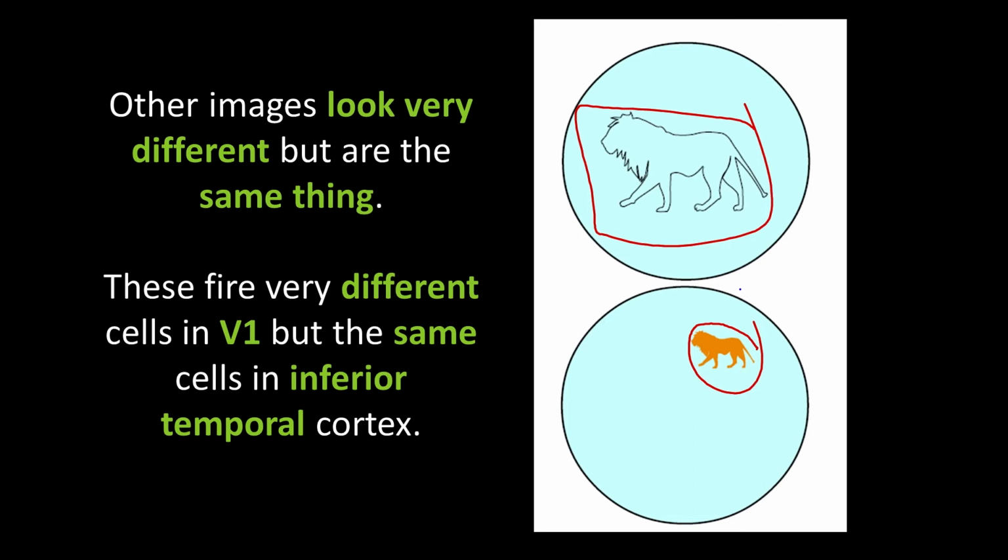These objects, in some sense, look different at the picture level, but they are the same thing. Unlike the previous pictures, where they are different things but similar at the picture level, these respond very differently in V1, the early processing, and then they are the same in the inferotemporal cortex. So the idea is that higher up are cells in the vision system that understand something about the appearance of object types. At least that's sort of the story.